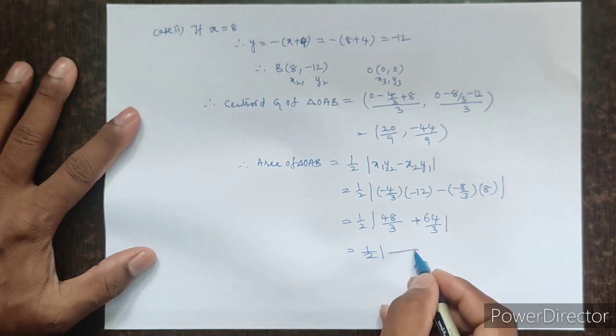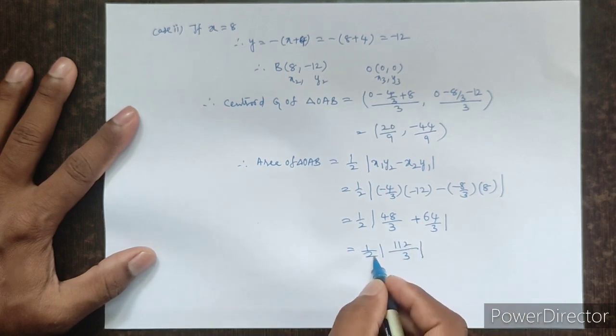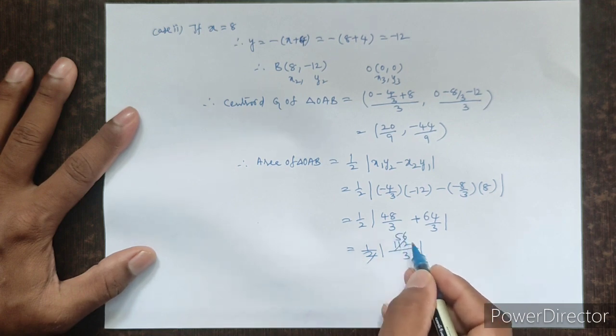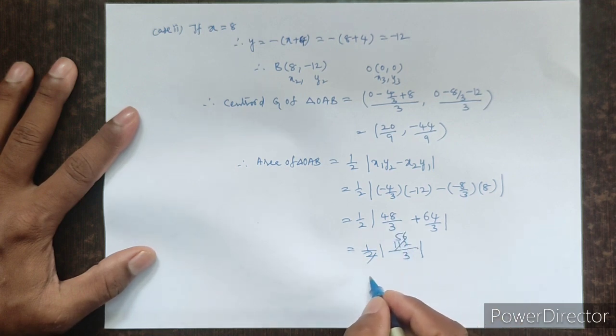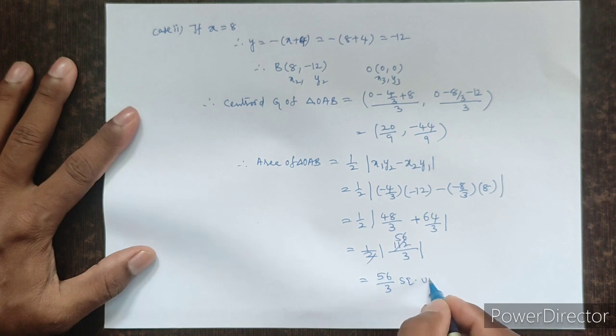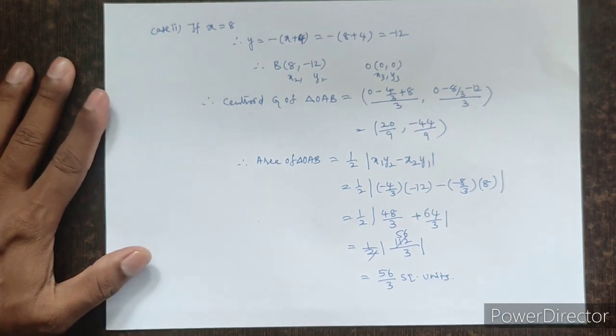LCM is 3. 48 plus 64 is nothing but 112. Therefore 56 by 3 square units is the area of triangle OAB.